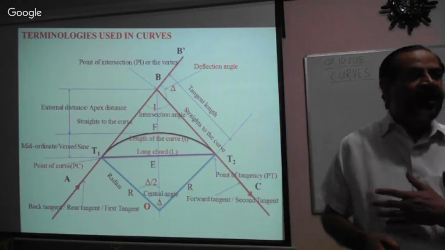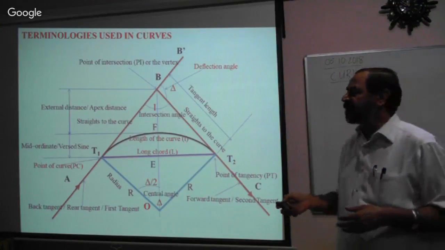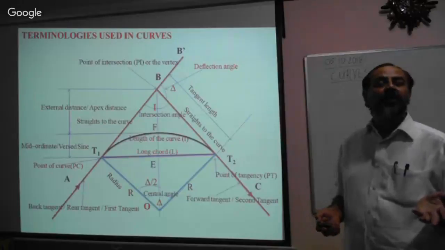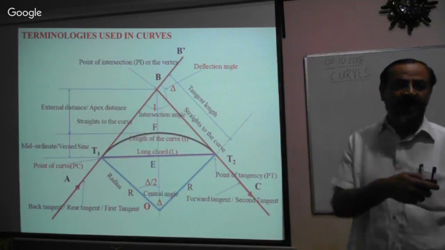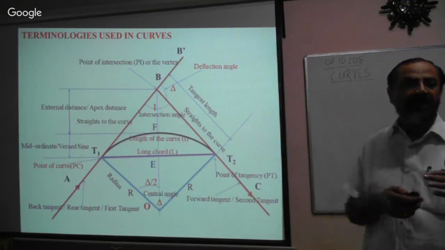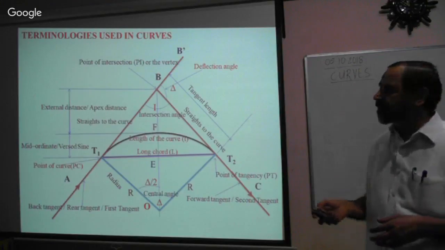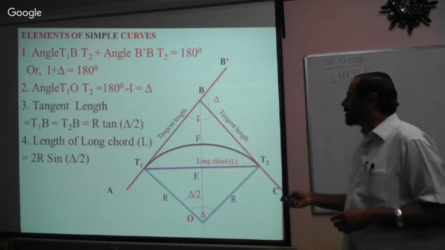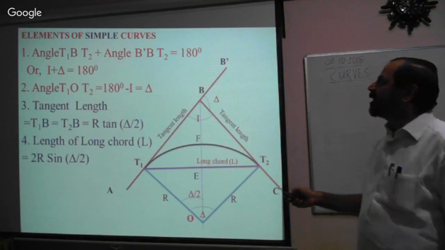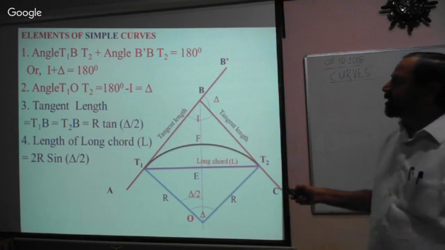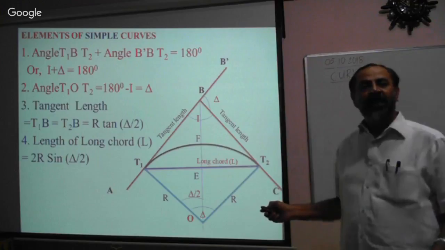We will get all the data. Straight away we can apply it. Sometimes we may need to modify it depending upon the local circumstances, the topography of the area where we are constructing the road. Please remember this.